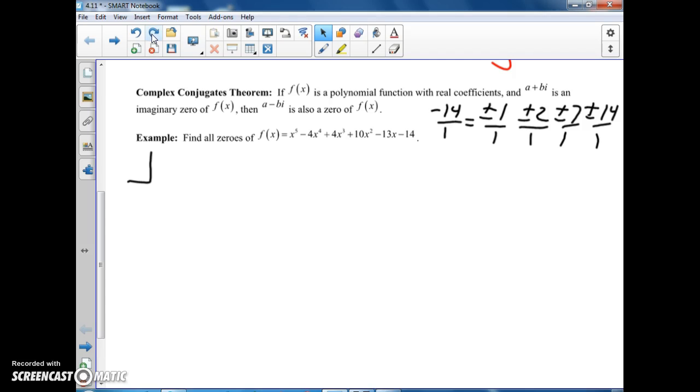Okay, so here we go with the next thing now. Type it into the calculator and go graph it. You're in search of the zeros, right?